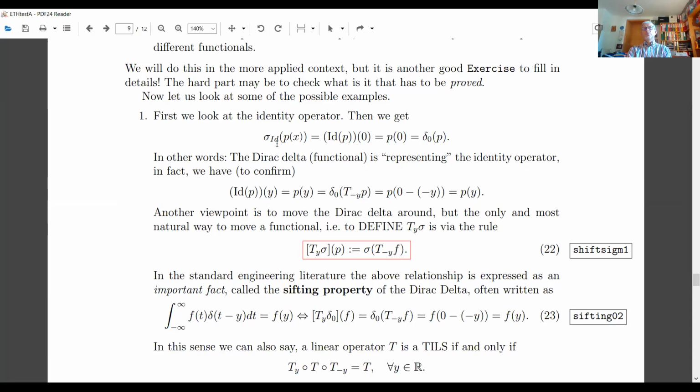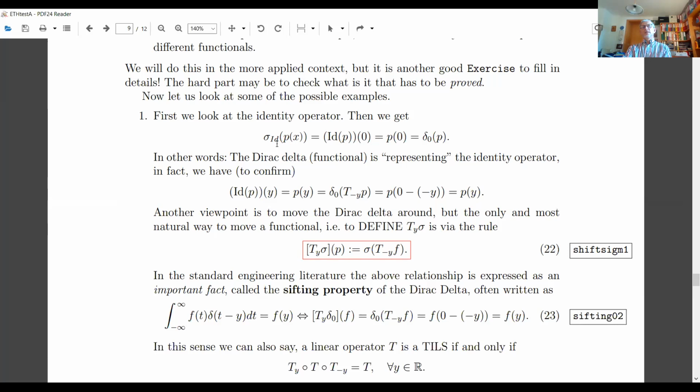Well, apply it to the polynomial P. Well, in this part, I'm sometimes writing P of X to please the engineers. Also, mathematicians would probably write just P, but it's just indicating it's an input signal. And the answer is the sigma, the action of sigma is apply the operator to the input signal, evaluate the output at 0.